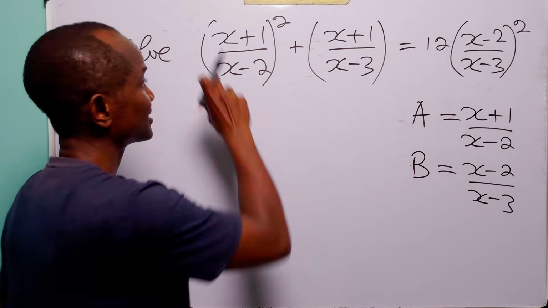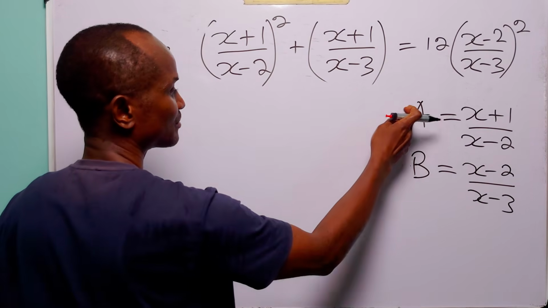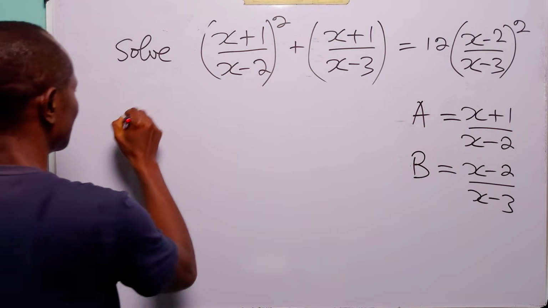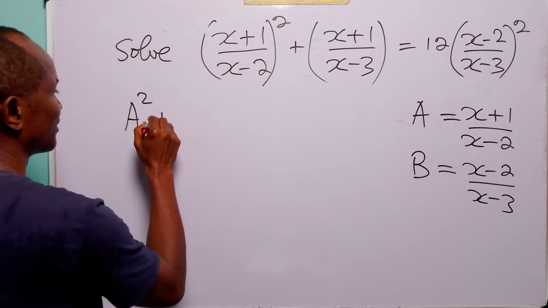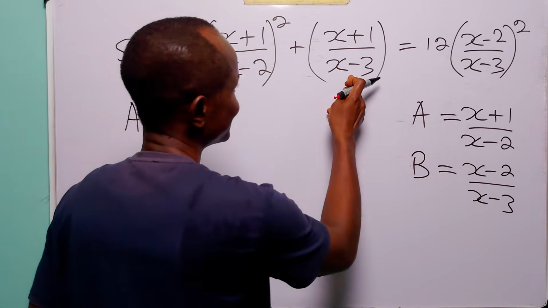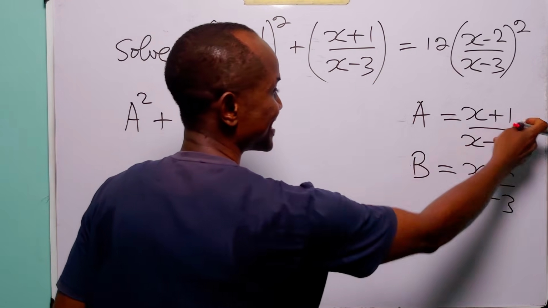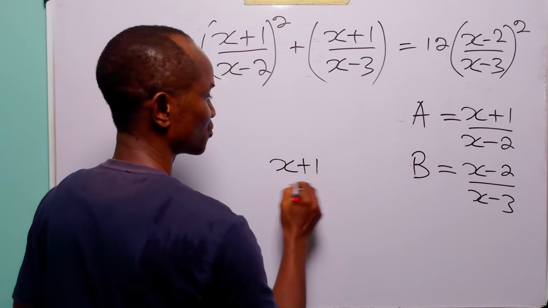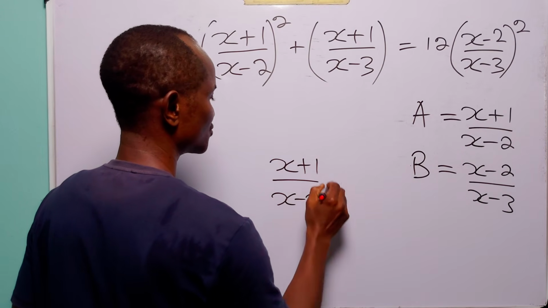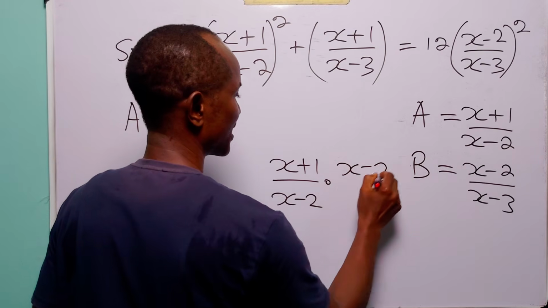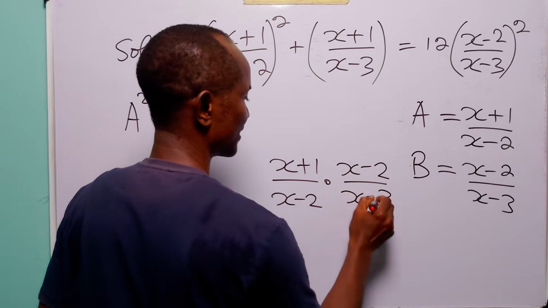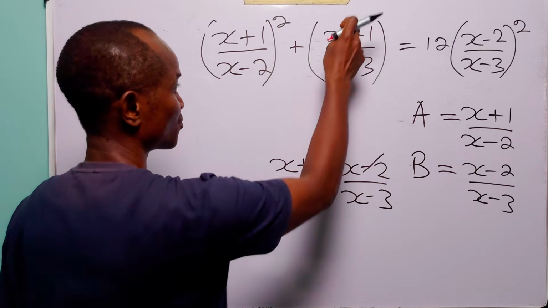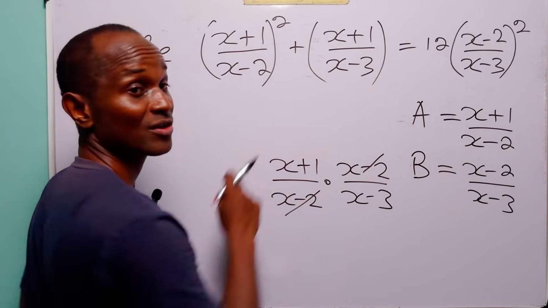Now, when we rewrite this original equation in terms of a and b, we have that this is now going to be a squared plus. Now, notice that this is equal to a times b, because when we multiply x plus 1 over x minus 2 by x minus 2 over x minus 3, this is simply going to cancel that, leaving us with x plus 1 over x minus 3.